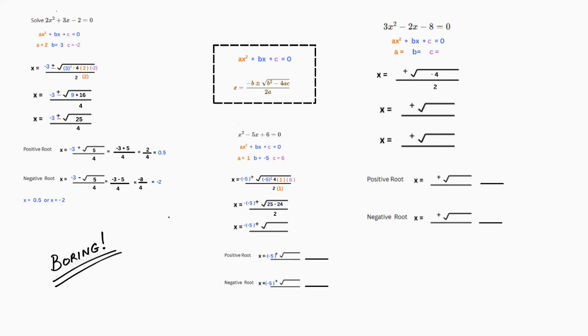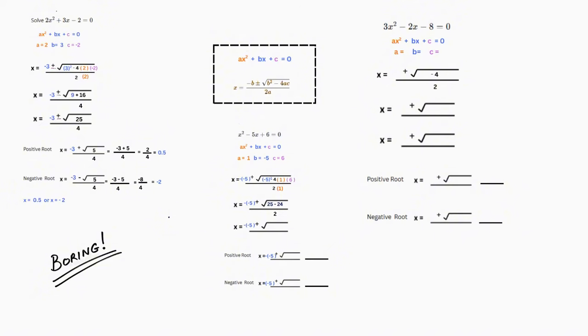So we've got b squared, which is 3 again. 3 squared minus 4. It's always a 4. And then our a and our c, which means times because it's next to each other. So we've got 4 times 2, which is our a, times -2, which is our c.